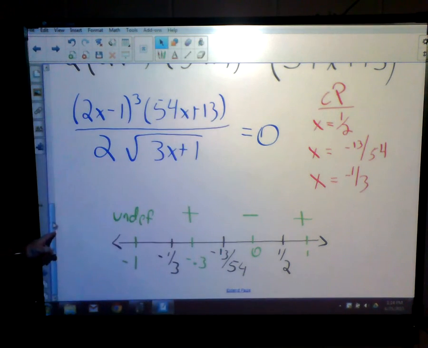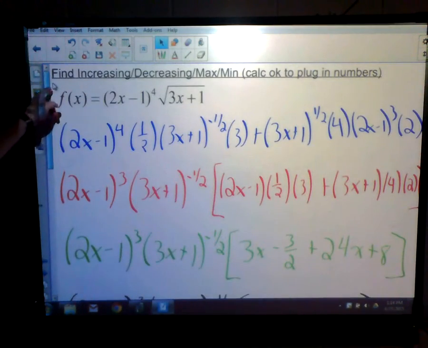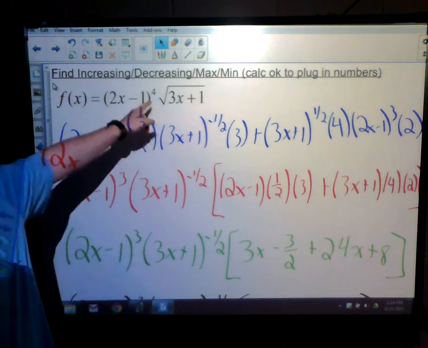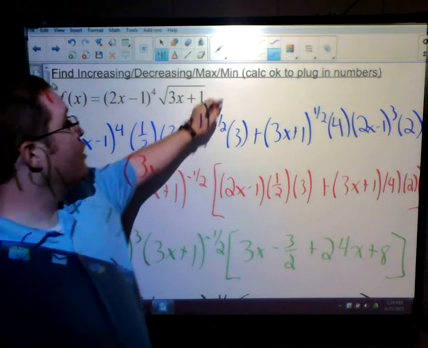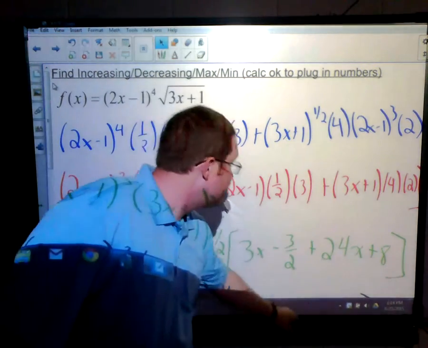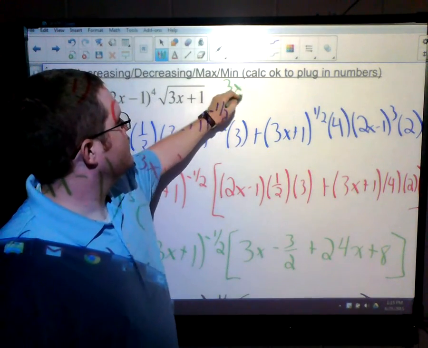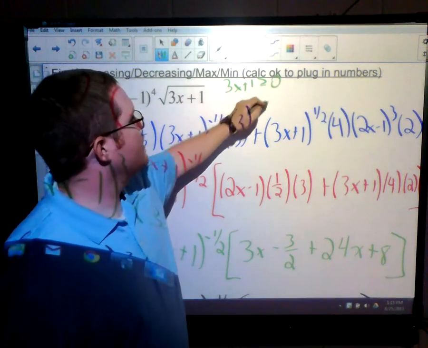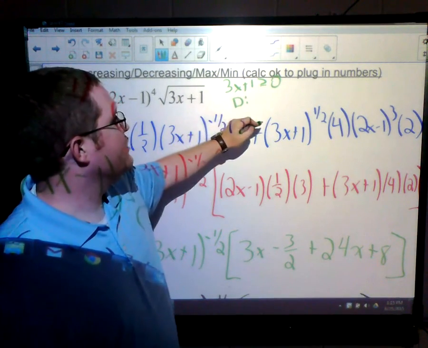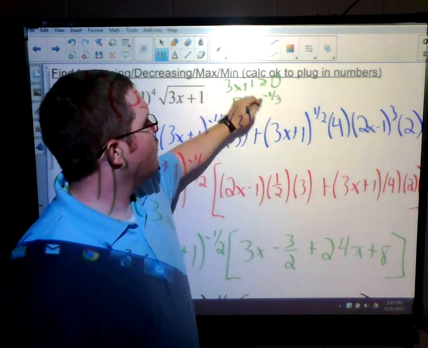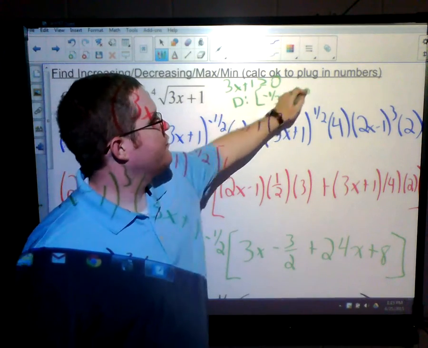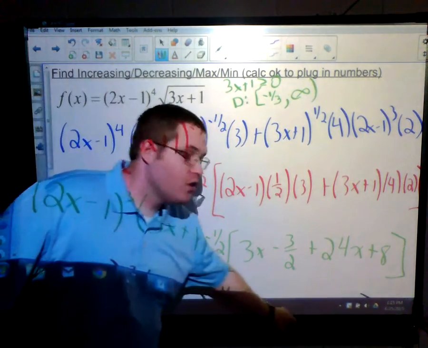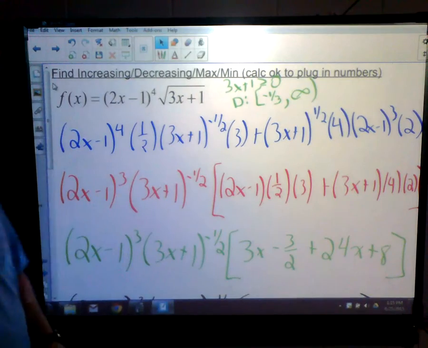If you look all the way back at the original problem, right here, we know that 3x plus 1 has to be greater than or equal to 0. In other words, the domain of this thing is only from negative 1/3 to infinity. We just saw that. That's why there's no increasing or decreasing over there.